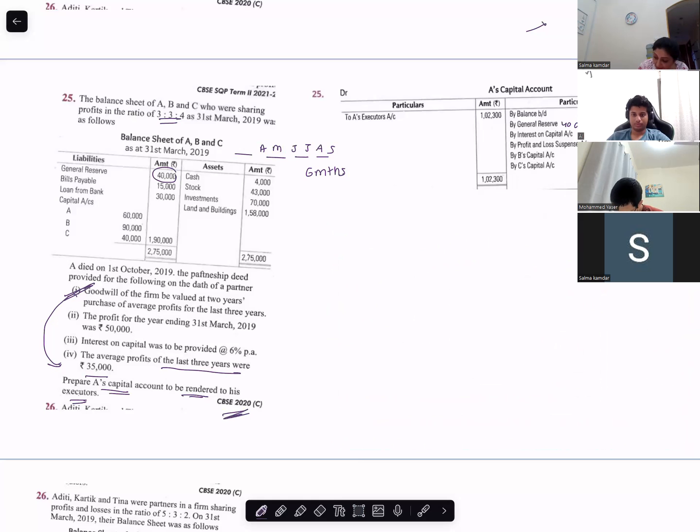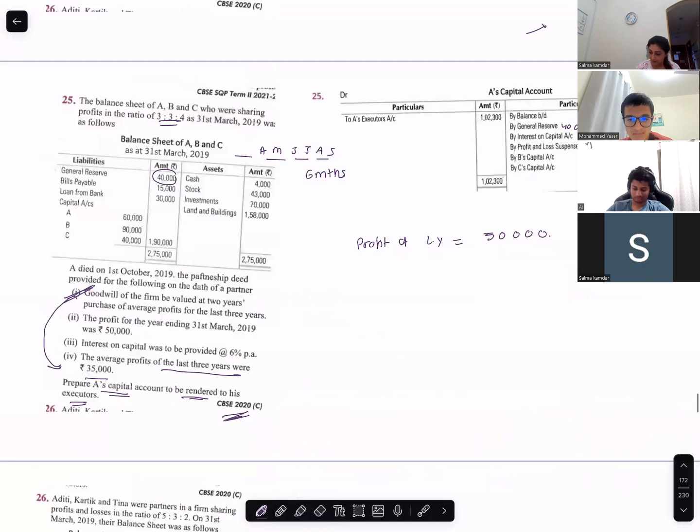Profit for the year ended 31st March. That means profit of last year was how much? Profit of last year was 50,000. What would be his share of profit if they've not given you anything? Profit and loss suspense account is an issue over here.